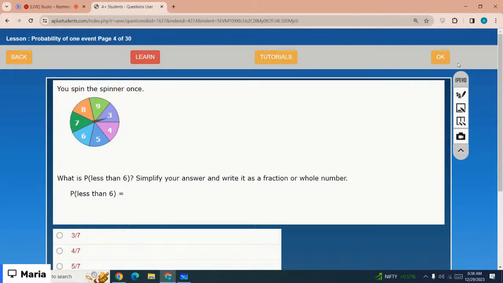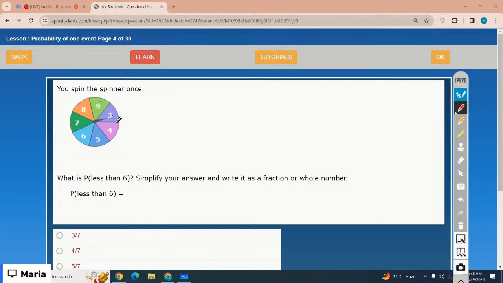Less than 6. Okay, let's see how many total numbers are on the spinner: 1, 2, 3, 4, 5, 6, 7. And the numbers that are less than 6 are 1, 2, 3. So the probability is 3 over 7, right?